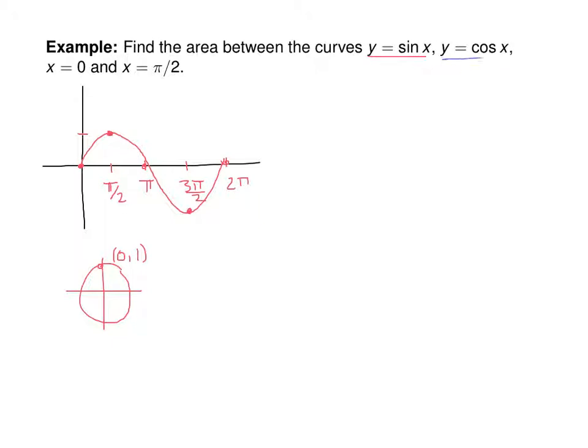Next, cosine. So cosine of 0 is 1. At pi halves, cosine is 0. By pi, cosine is negative 1. Then back up to 0, and back up to 1. And this intersection point is at x equals pi quarters.